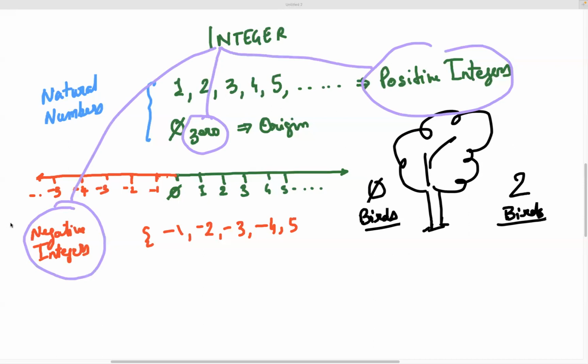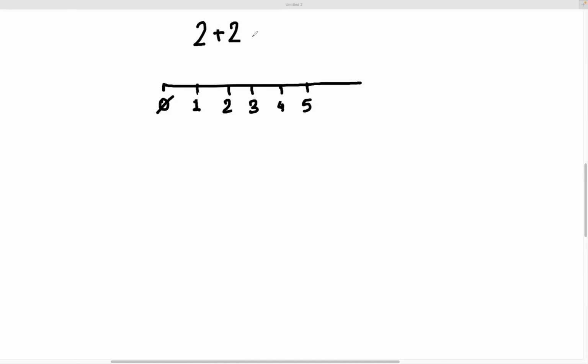So let me clear the screen. If we have an integer 2, we can represent it on this geometric line. Let's say we start at the origin 0, then we have 1, we have 2, and 3, and 4. Now imagine if we added a value of 2 to this particular 2.